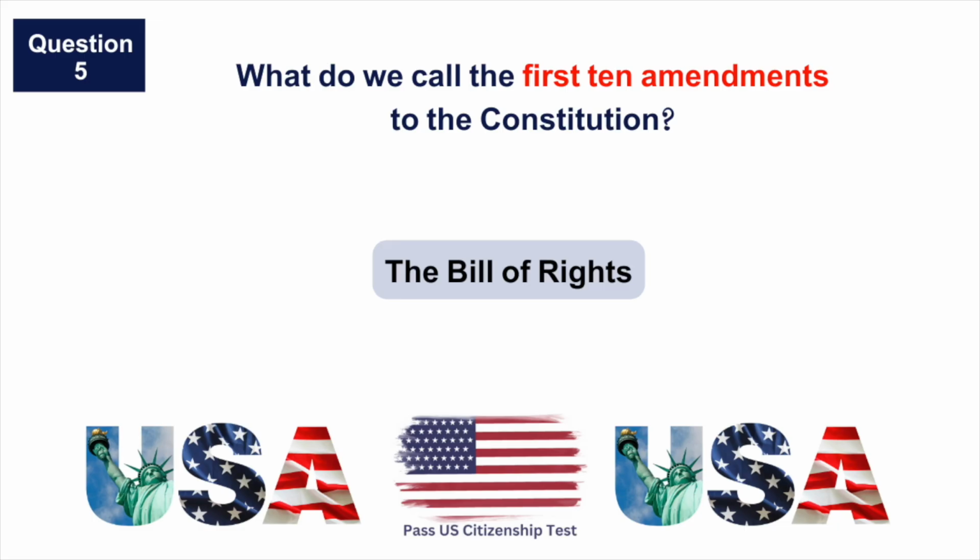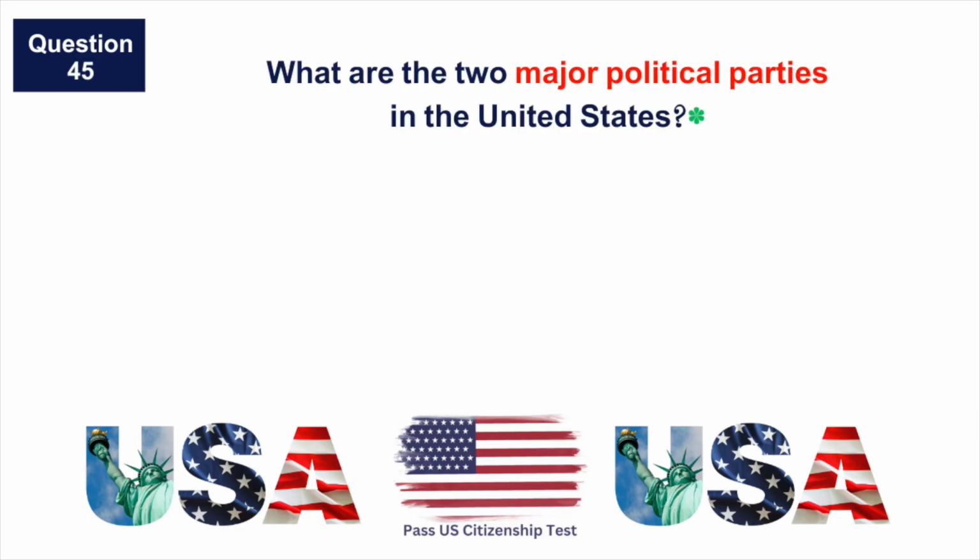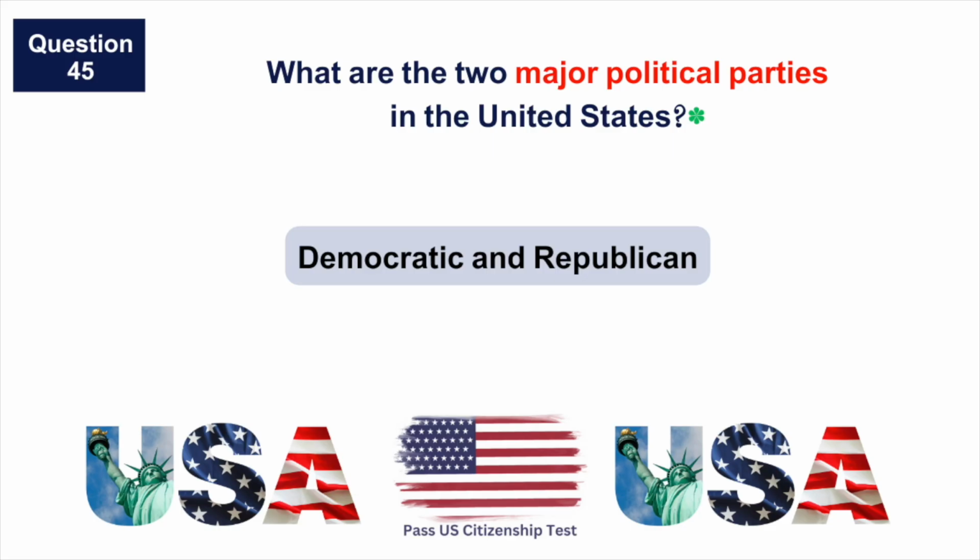The Bill of Rights. What are the 2 major political parties in the United States? Democratic and Republican.